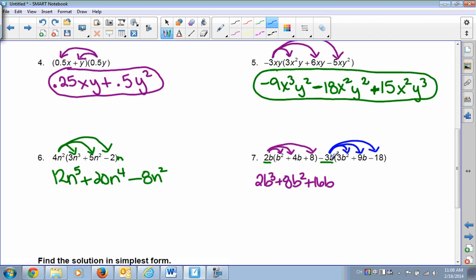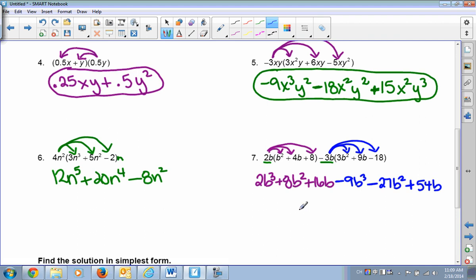Negative 3b times 3b squared is negative 9b cubed. Negative 3b times 9b is negative 27b squared. And then negative 3b times negative 18 is positive 54b. Okay, this is when we are not done.